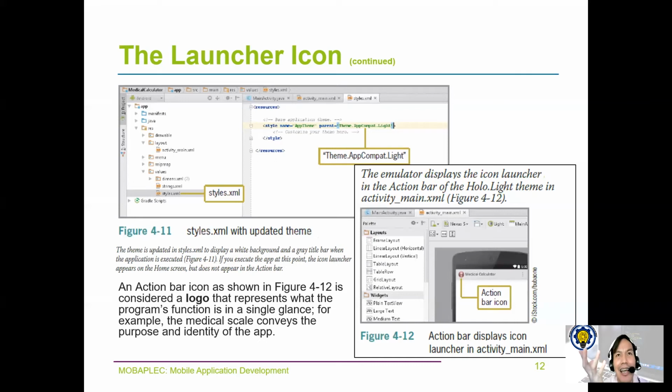Okay, so there are actually options, as long as you know where it's located. Take note, it is located in the resources. As you can see here, the theme is located, the style name, under resources.